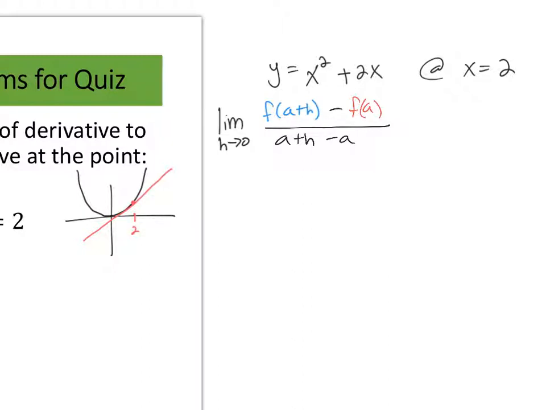And remember, the positive a and negative a always cancel out. And my a value here is 2. So I'm going to rewrite this entire thing. The limit as h approaches 0 of f of 2 plus h minus f of 2 over h.